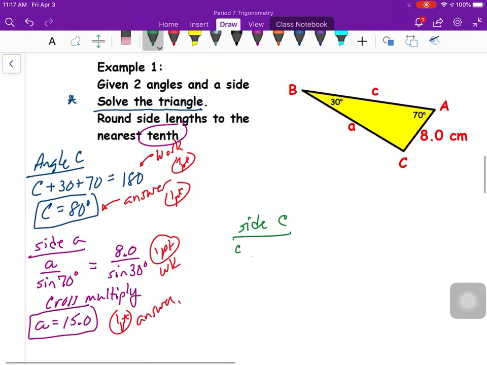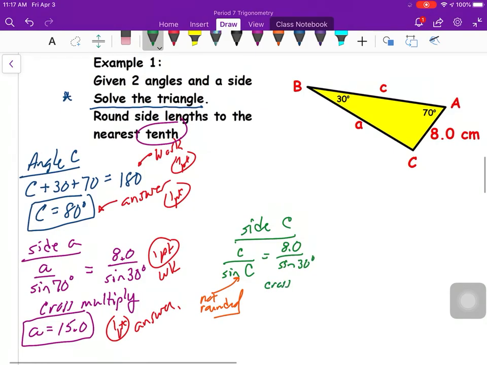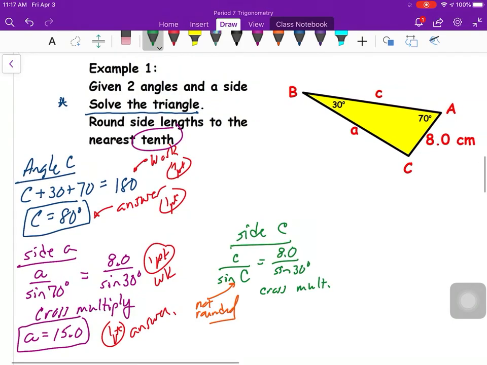Now to find side c, I have to use angle C. So I'm going to put c over the sine of angle C. Now remember, angle C was not rounded, so that was exact. And that's going to equal, and again I want to use the information they gave us, so 8.0 divided by sine of 30.